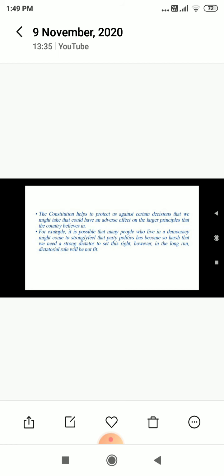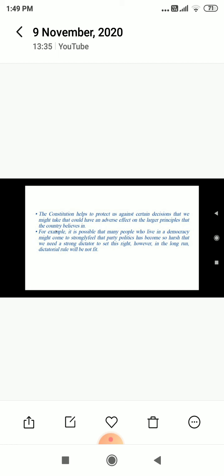The Constitution also helps us against certain decisions that we might take that could have an adverse effect, that is, a bad effect, on the larger principles that the country believes in.